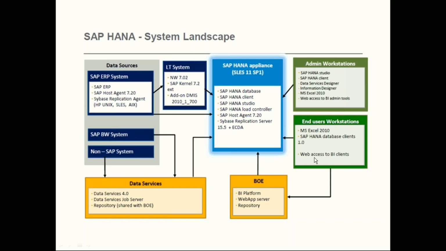You can see that web access. So the end user is accessing a report available in the BO server, and the BO server in turn is connected to the HANA database. That's why indirect connectivity is shown here. So it purely depends on what kind of reporting we are using.